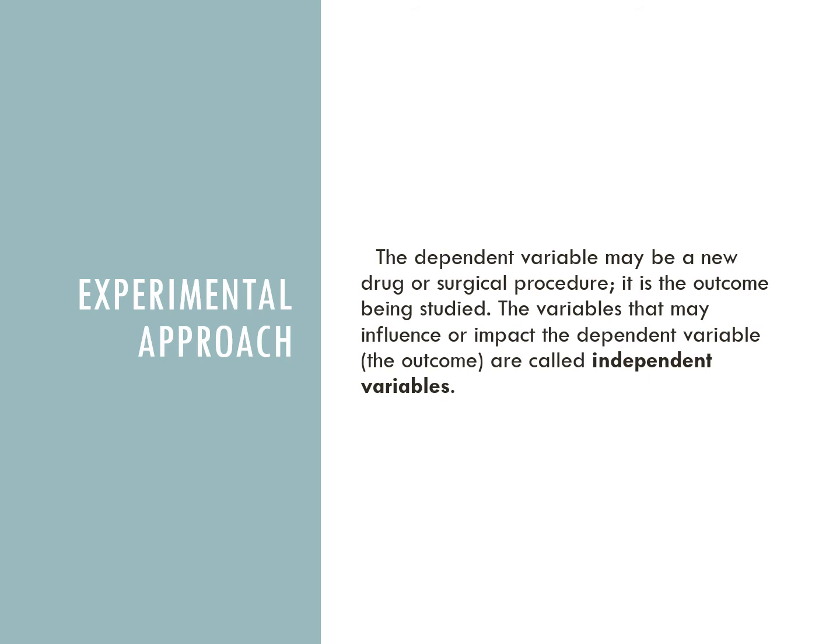It's going to be the outcome, although this is, again, worded weird. I might change this. It says the dependent variable may be a new drug or surgical treatment, right? The dependent variable isn't the drug or the procedure, it's the outcome after the drug or the procedure. The variable that will influence or is going to impact the dependent variable is the independent variable.